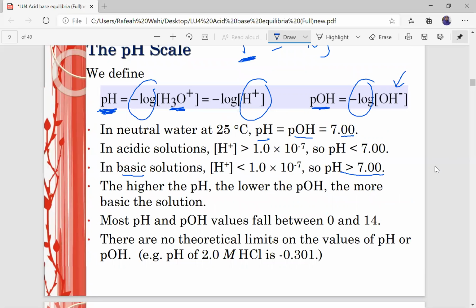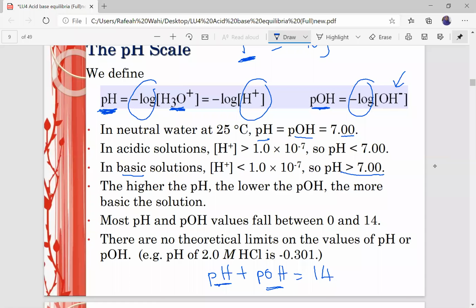Most pH and pOH values fall between 0 and 14, because pH plus pOH is equal to 14. So whenever you want to calculate pOH, it's 14 minus pH. And whenever you want to calculate pH, it's 14 minus pOH.